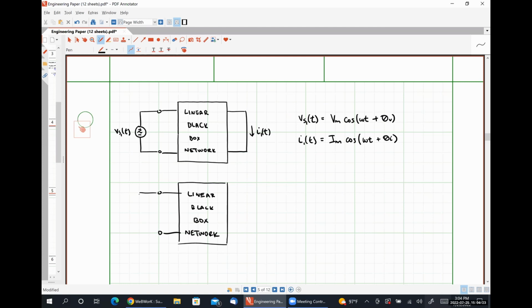So let's say that we have some voltage VS2 now. We apply it. We measure some response, I2 of t. Well, let's say that VS2 of t is Vm sine omega t plus theta v.